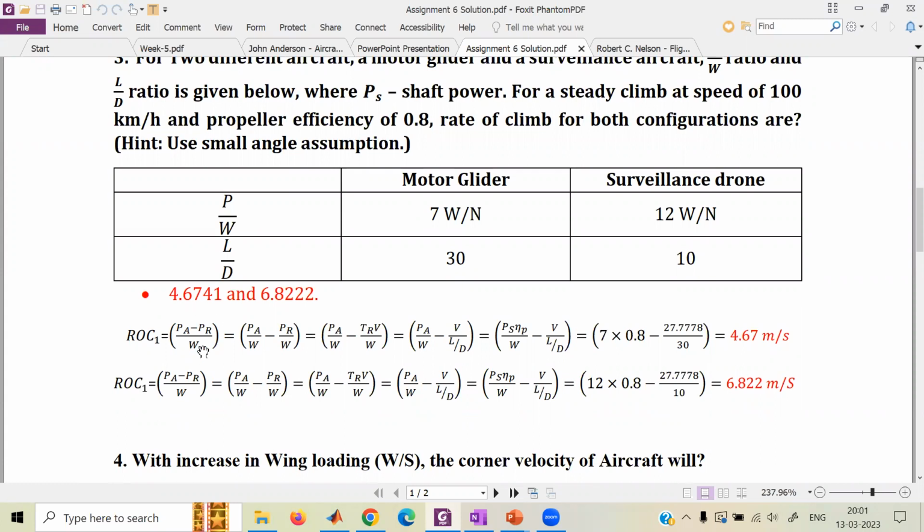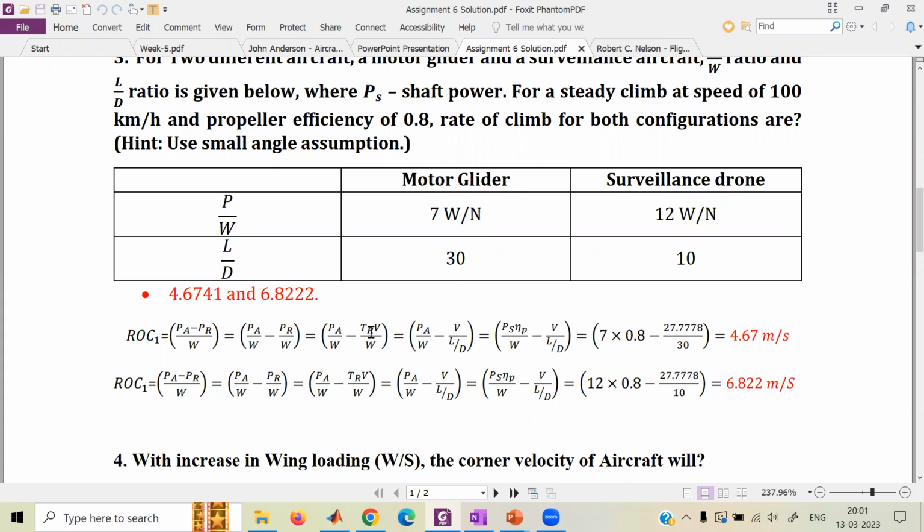So you do some manipulation here. How much power do you require? Thrust into velocity. That is the power that you require. So you substitute thrust into velocity. Then what happens? Thrust is equal to drag when you are in steady flight, and lift is equal to weight.